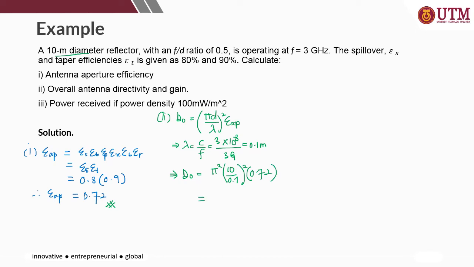So your D naught is equal to 71061.512, dimensionless, and in dB it is 10 log of D naught, which is 48.516 dB.